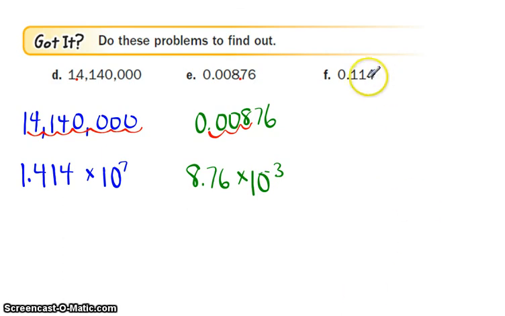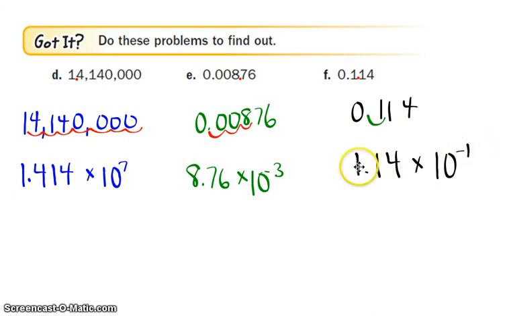Okay, in this problem, our decimal point has to go right here. So we're only moving it 1 place, but we had to move it back 1. So our exponent is going to be a -1 here. 1.14 times 10 to the -1st. Okay?